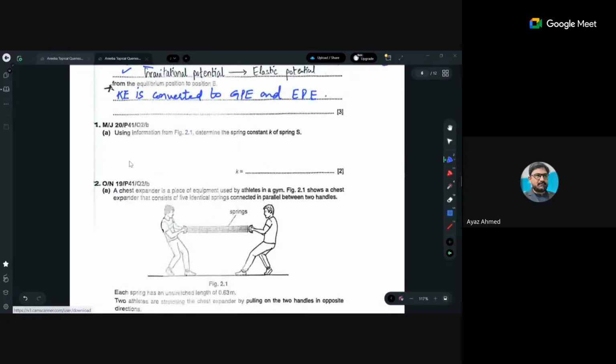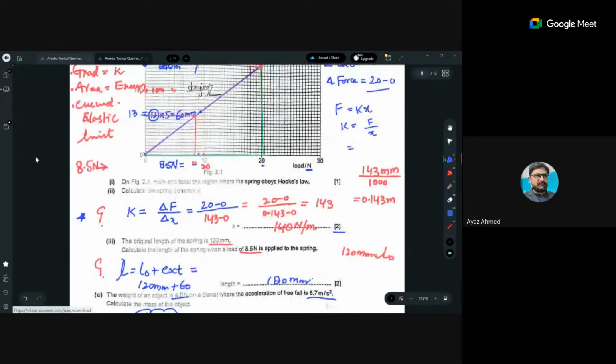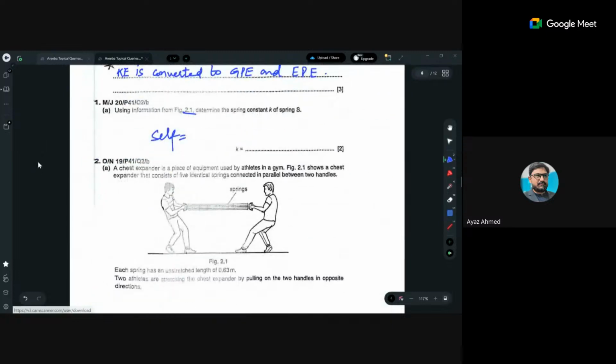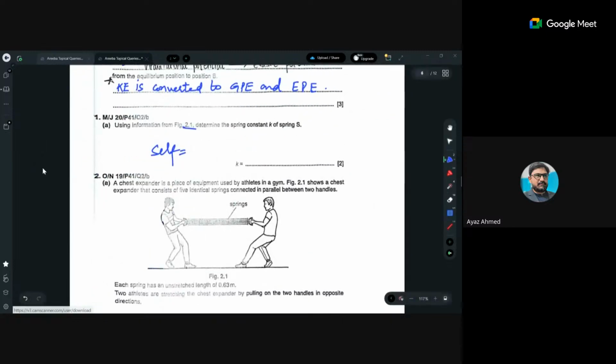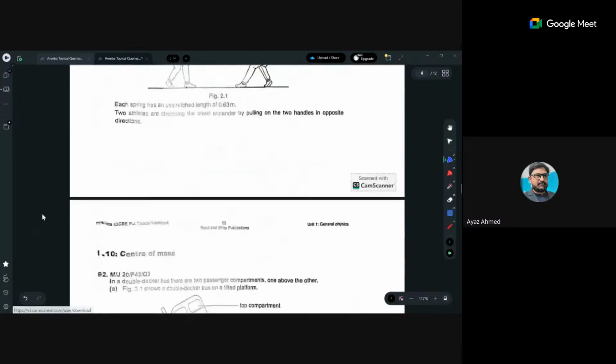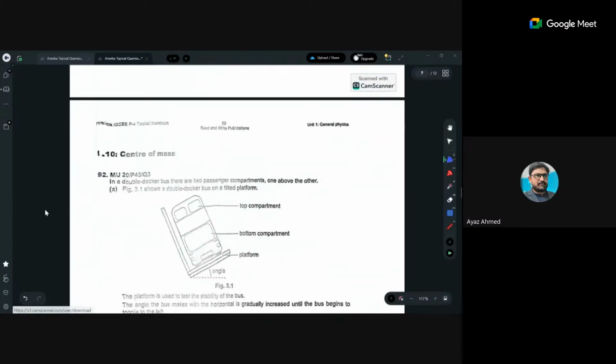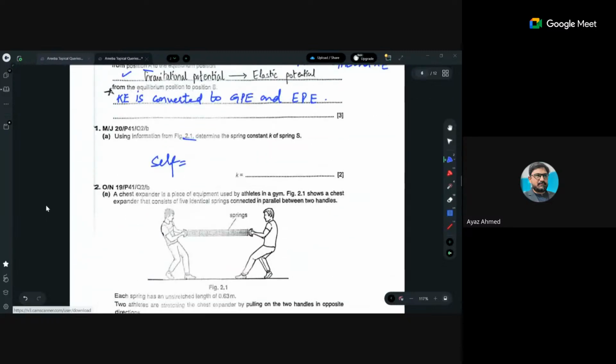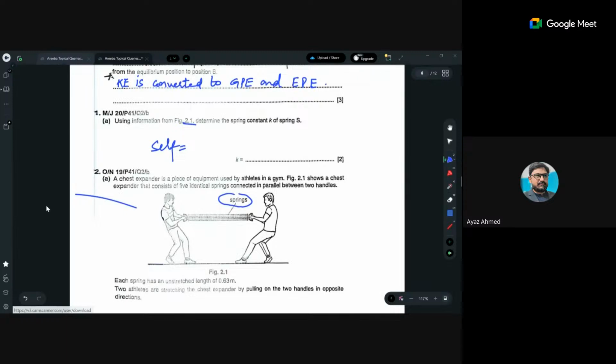Okay, sir. Okay, again by using the information in figure 2.1 determine the spring constant, so you will solve it by yourself now. The graph is given, isn't it? No, what is this? This is something different. What should the children do with this? Okay, this is the spring. Yeah. Okay, okay, these are questions up and down. What is that? No, this is not it.